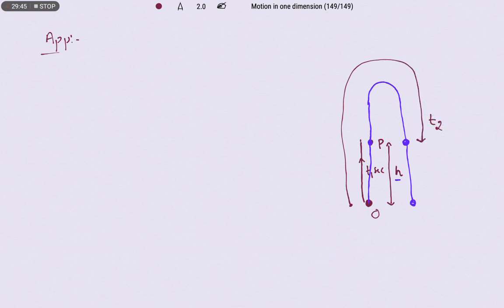So try to understand the scenario carefully. An object definitely crosses a particular point at two different times after it is projected vertically upwards. So first, it crosses point P after t1 seconds while moving upwards.